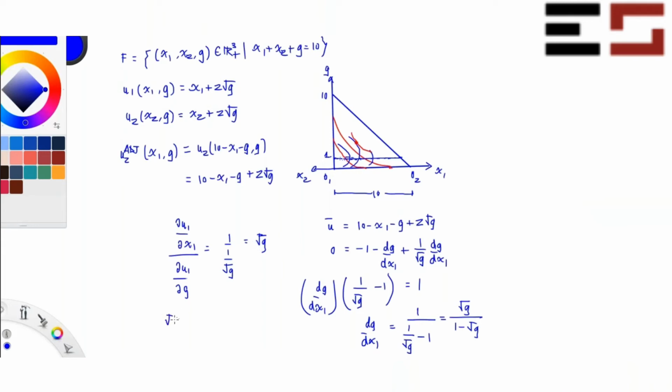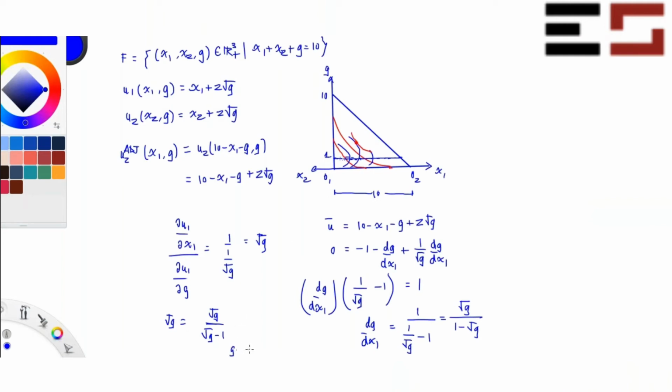So this is the absolute value of the slope, root g, is equal to, and when g is greater than 1, what is the absolute value of this one? It is root g upon root g minus 1, right? Yes, because when g is greater than 1, the absolute value of this is root g upon root g minus 1. Now we can equate them and figure out what g is, along the points which are efficient inside the triangle. So what are we going to get?